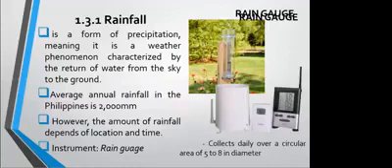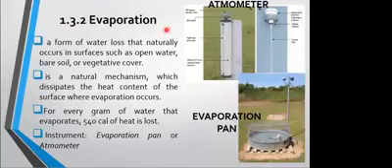Another is evaporation. It is a form of water loss that naturally occurs in surfaces such as open water, bare soil, or vegetative cover. It is measured by an atmometer and evaporation fan. Evaporation is a natural mechanism which dissipates the heat content of the surface where evaporation occurs.